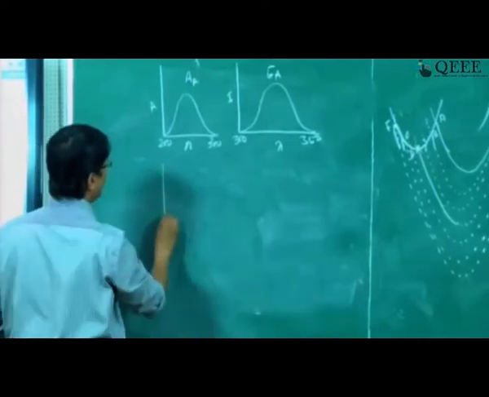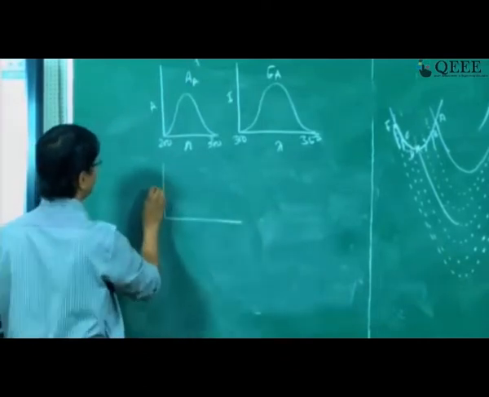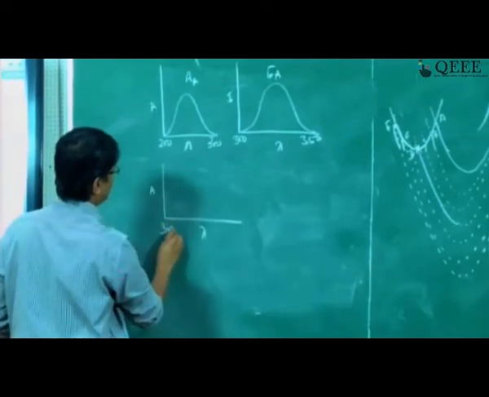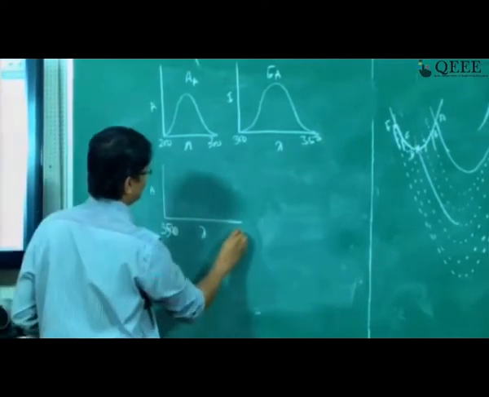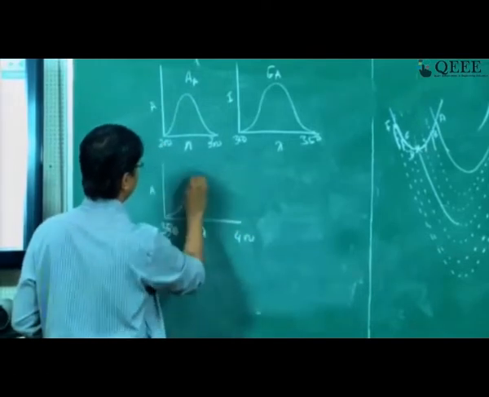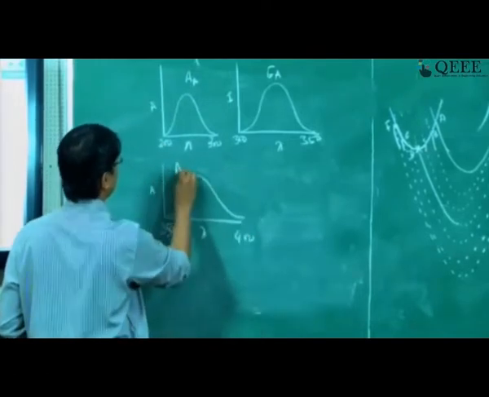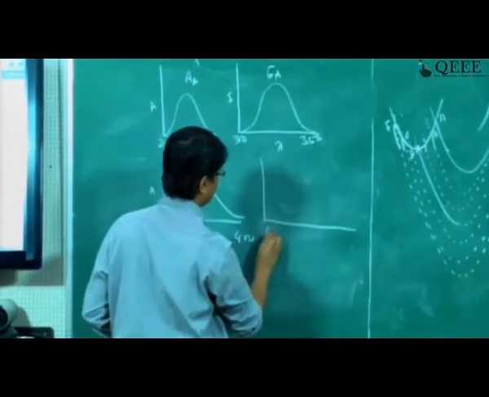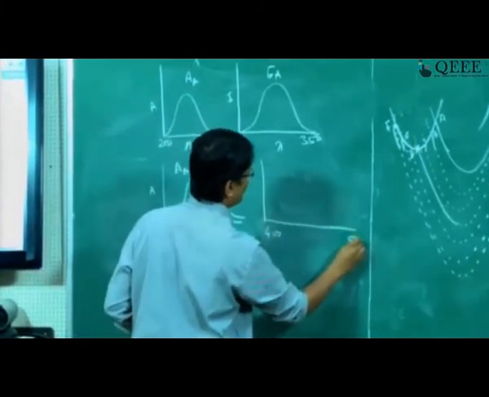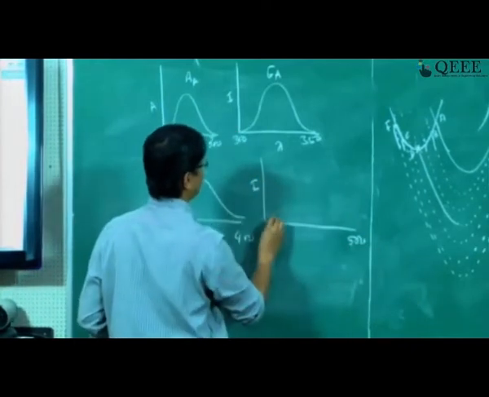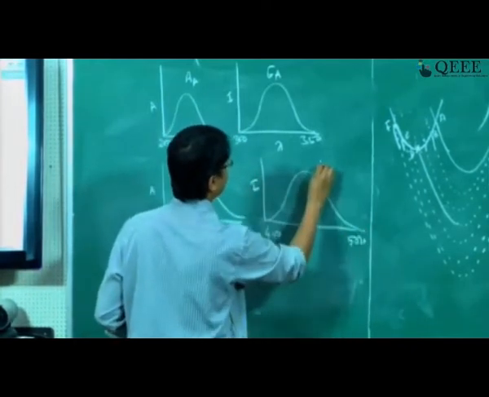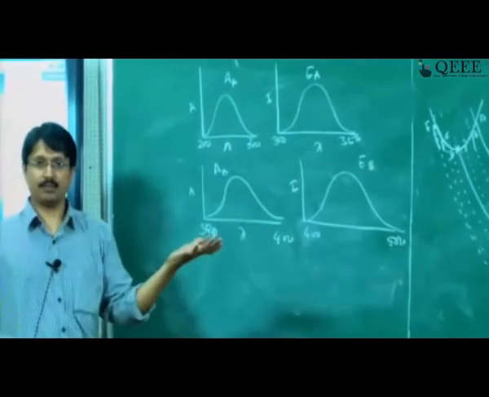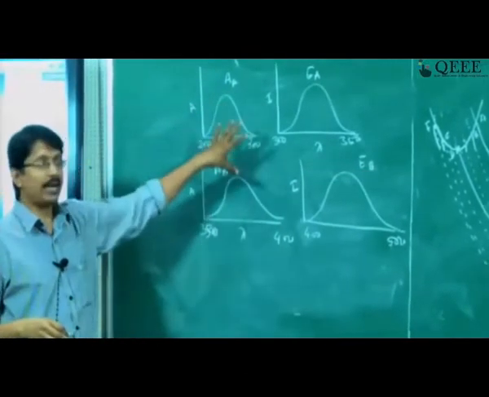I am going to give you the absorption spectrum of B, that is 350 to say 400. So this is the absorption spectrum of B. I will give the emission spectrum of B also, 400 to 500. This is the emission spectrum of B. If you take individually A and B in separate cuvettes, this is how you get.